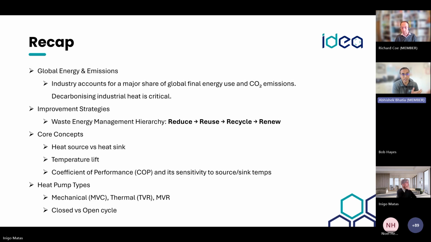Finally, we acknowledged the real-world challenges associated with integrating heat pumps. This is where things get tricky when it comes to integrating heat pumps within the process plants. And that's exactly what we are going to focus on today. How do we actually integrate heat pumps into process systems?